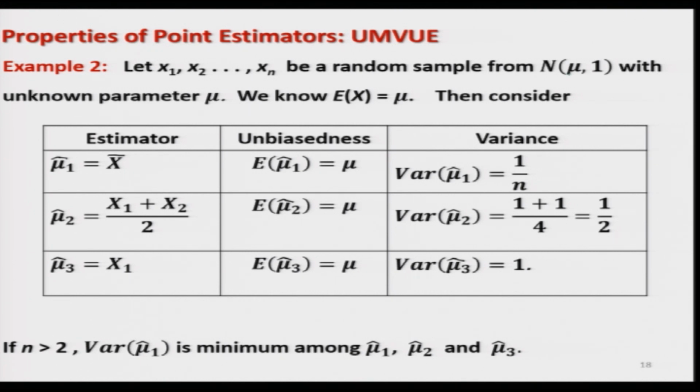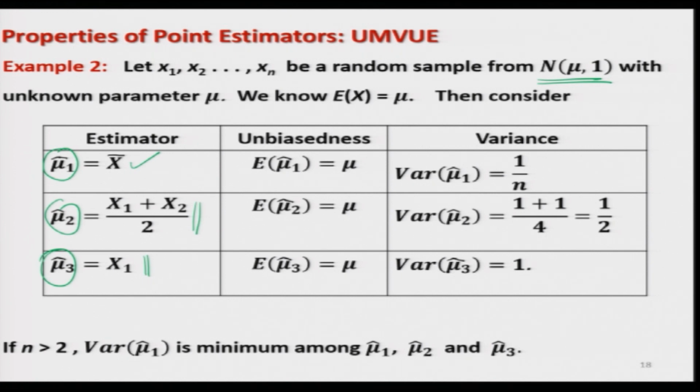So, we have a sample from the normal mu 1, and we want to estimate the parameter mu, and for that we are estimating mu by mu 1 hat, which is the sample mean, mu 2 hat, which is the mean of the first 2 observations, and mu 3 hat, which is the first observation, right. I am not considering here the delta 4 x, because otherwise you will get confused, because the condition will be on summation a i square also, right.